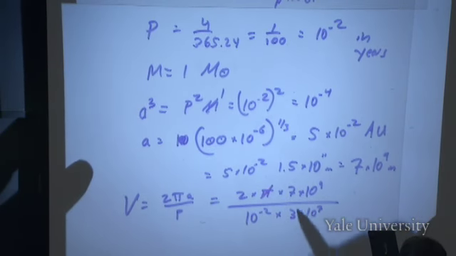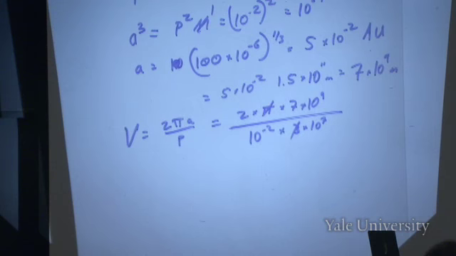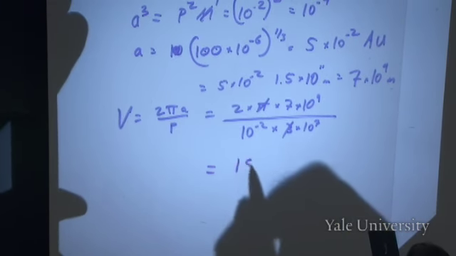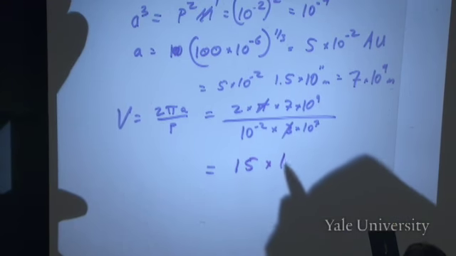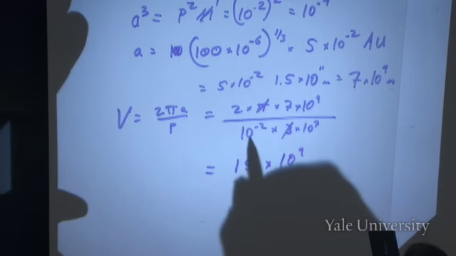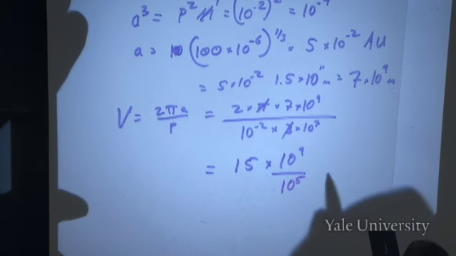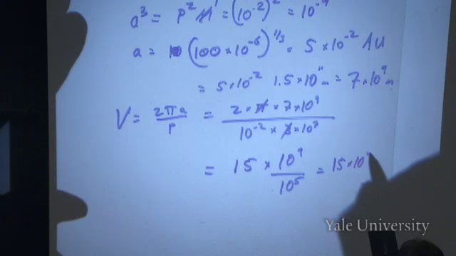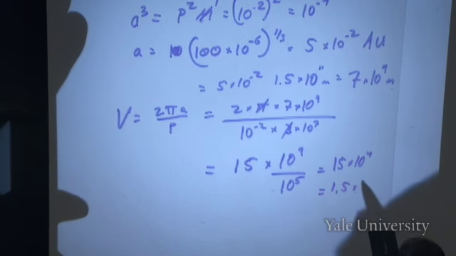Pi over 3 is 1. 2 times 7 is 15. 10 to the 9. 10 to the minus 2 times 10 to the 7, 10 to the 5. So this is 15 times 10 to the 4, or 1.5 times 10 to the 5.